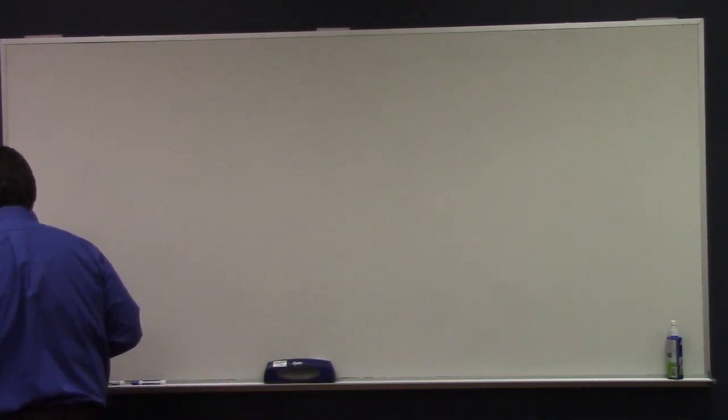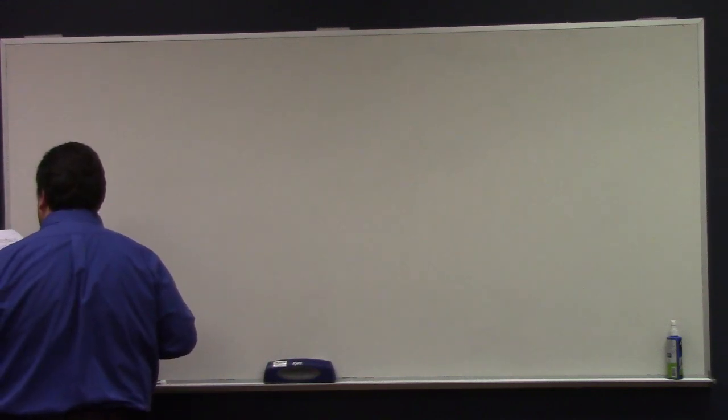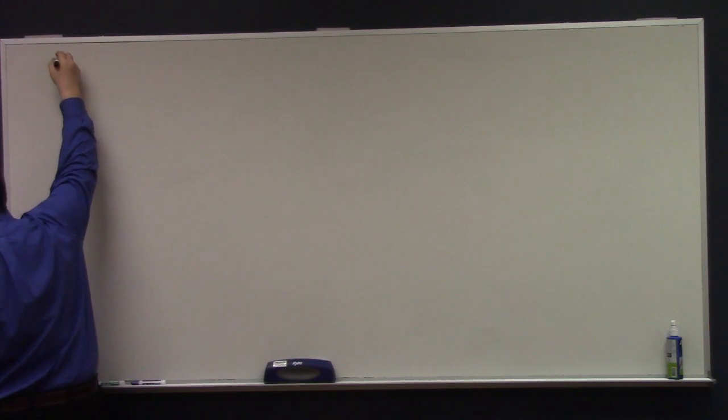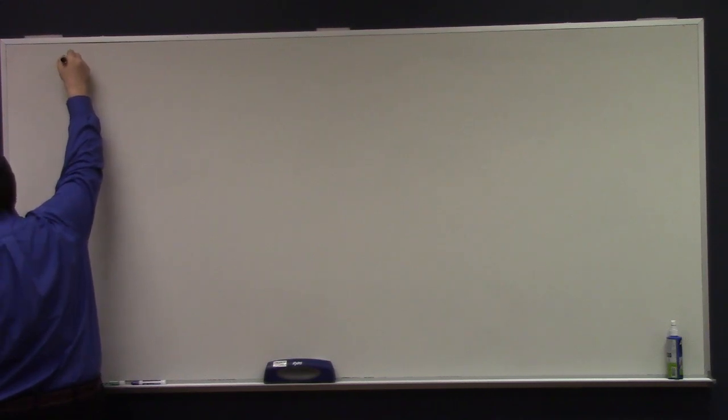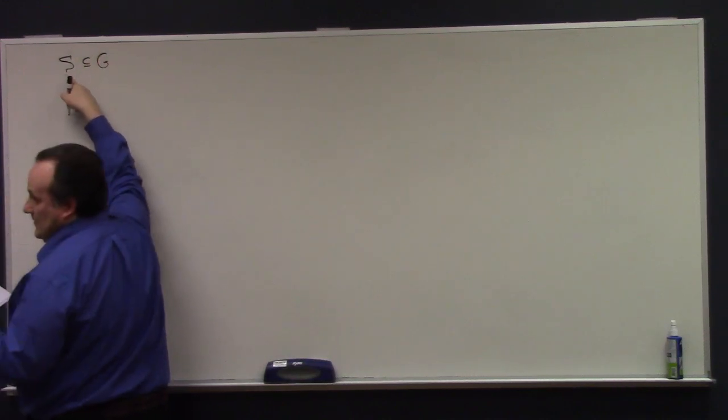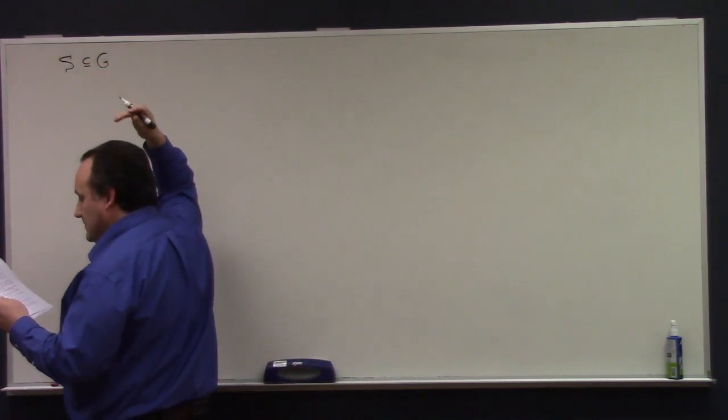Oh, I'm seeing stuff. Okay, here we go. So, this is actually important. Well, I think it's important. I don't know how important. So, if we have S, a subset of G, this is not necessarily a subgroup. Okay, just a subset.